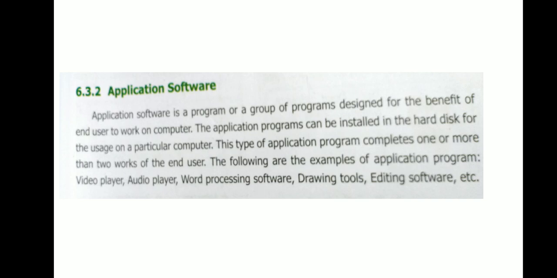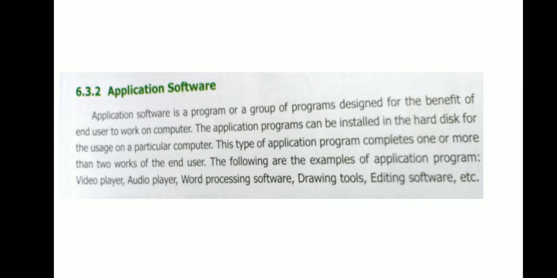Two types of software: one, system software, and another, application software. Now, application software is a program or a group of programs designed for the benefit of the end user to work on a computer.